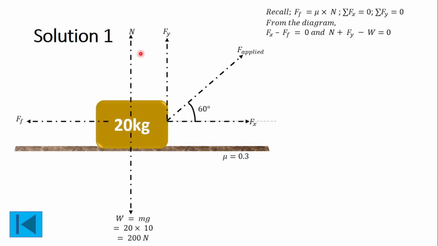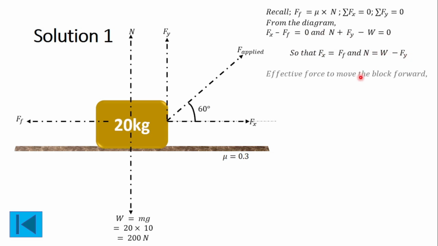And the algebraic sum of all vertical forces equals 0 as well. That means forces upward, N and F sub Y, minus the weight acting downward, equals 0. So from here, F sub X equals F sub F, and N, the normal reaction, equals the weight minus F sub Y.